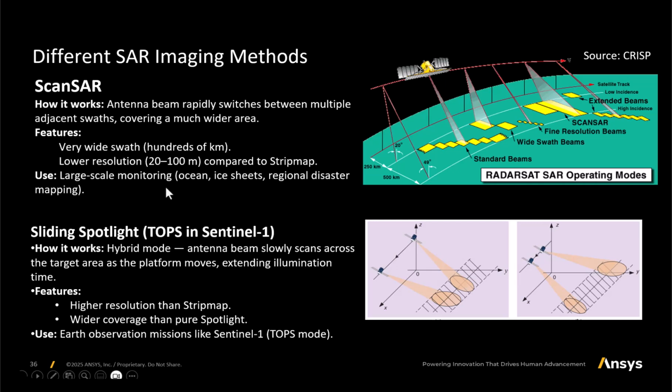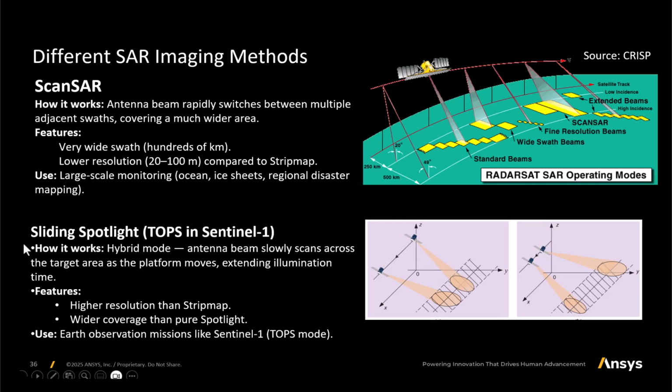Normally the resolution of these SARs is lower compared to strip map, because you are switching your beam to different locations on the terrain. But with new techniques, with different adaptive beamforming, you can create very high resolution images also. This is mainly used for imaging really big areas, sometimes hundreds of kilometers.